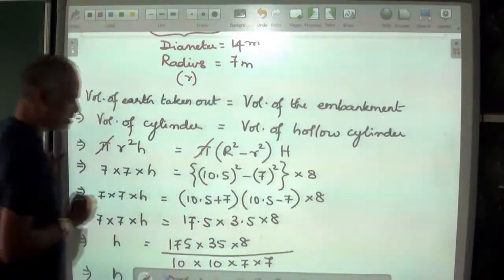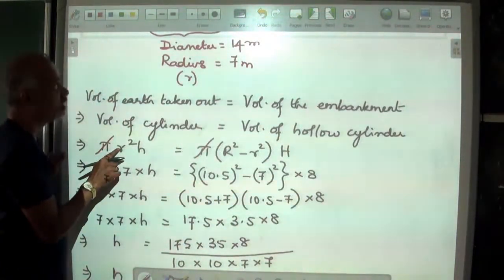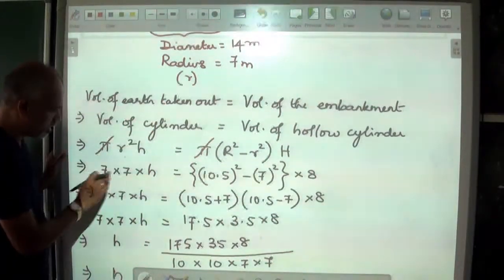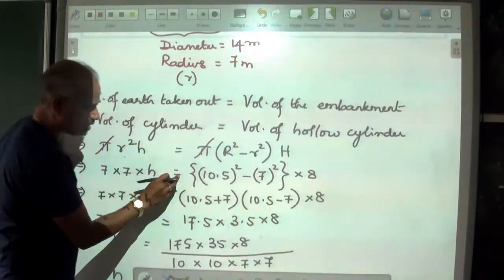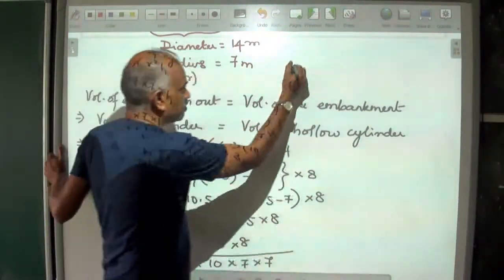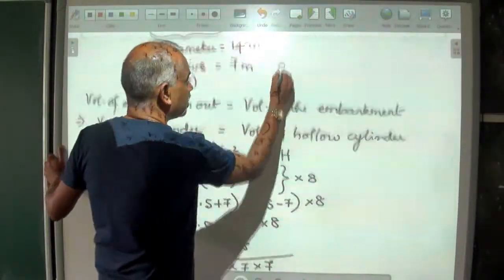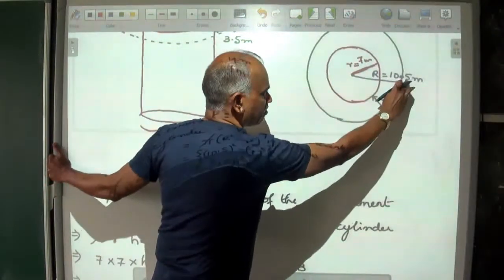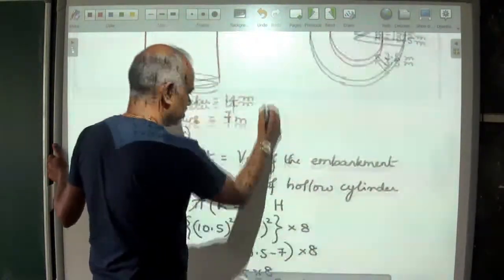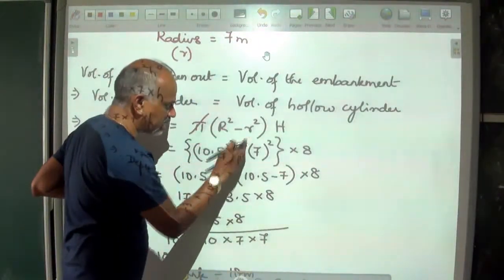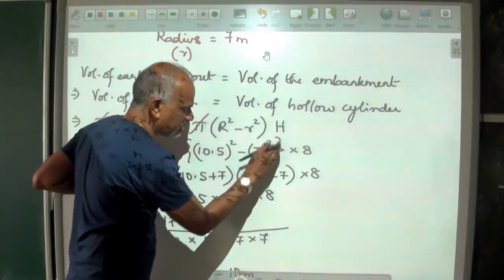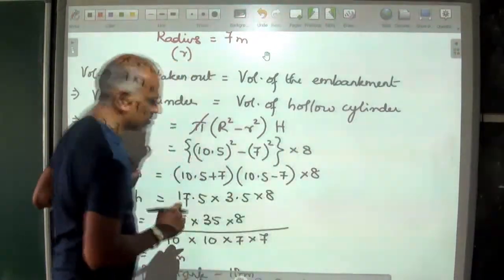Radius of this is 7 into 7, twice you have to write, into height, which is what you are going to find, is equal to capital R. If you look at this, capital R is 10.5 and small r is 7. Capital R is 10.5 squared minus small r is 7 squared into height of the embankment is 8.